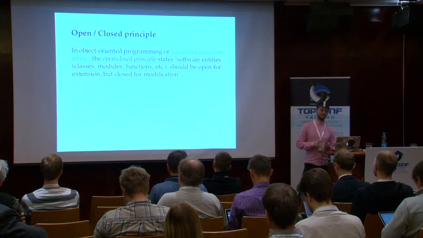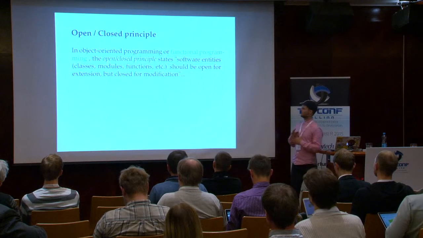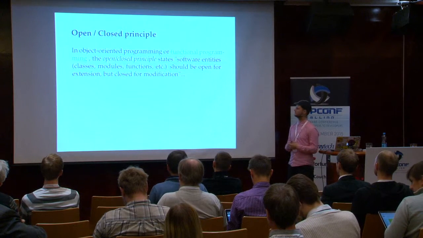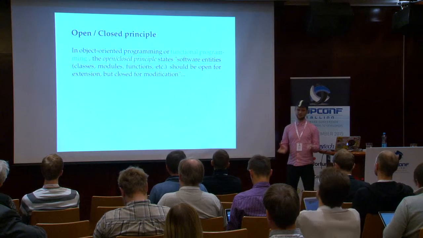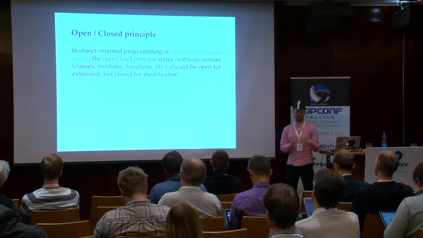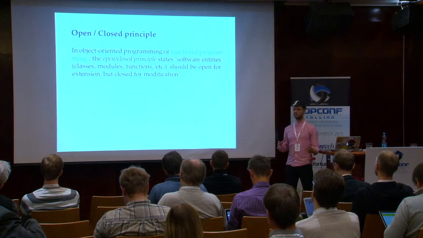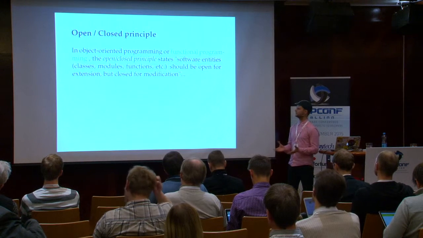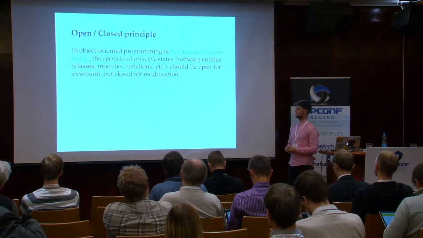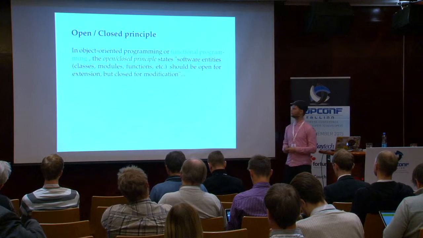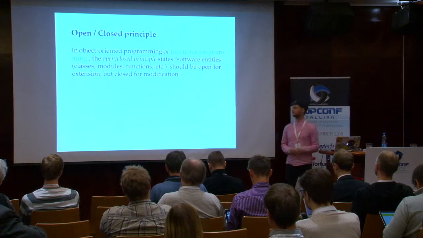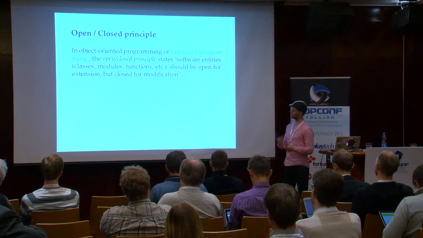So the open-closed principle is I guess the most difficult one of these 5. It kind of states that we should try to make our software so we cannot change the core, but we can extend it. And that's very difficult to give an example of. The expression problem I'll go through at the end is an example of that.